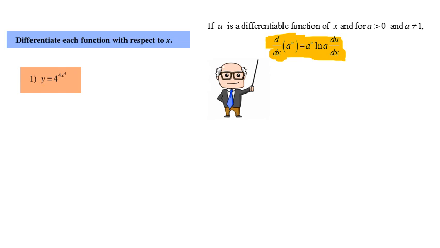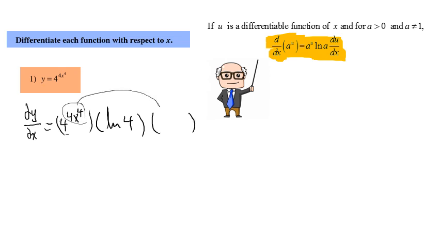So dy by dx is the function itself, which is 4 to the power of 4x to the power 4, multiplied by ln of the base, which is 4, multiplied by the derivative of the exponent, which is 16x to the power of 3, and you cannot simplify it more than that.